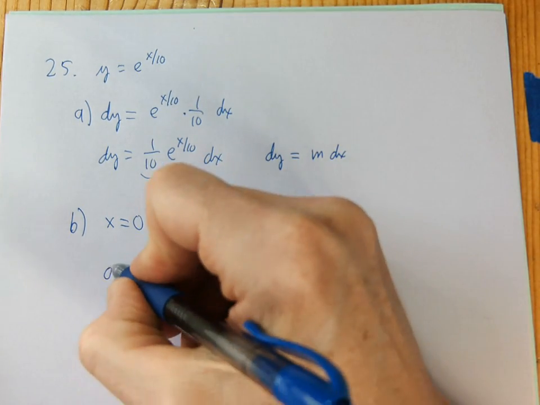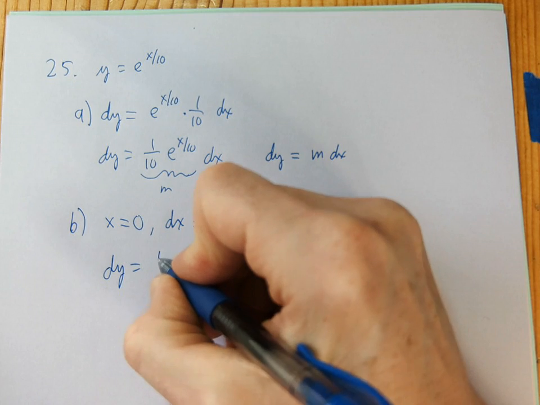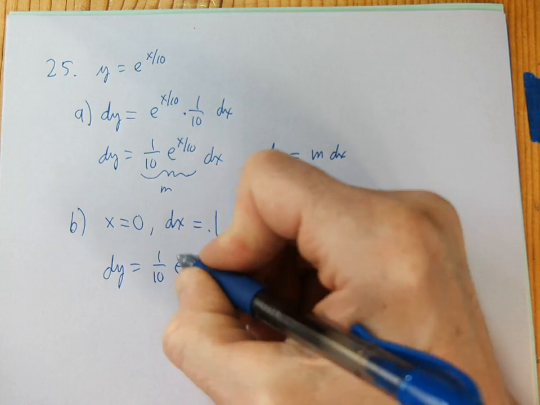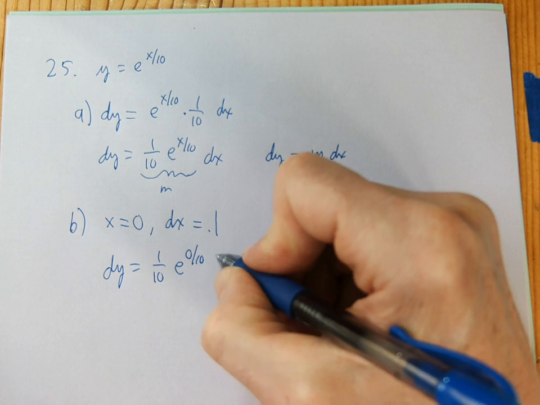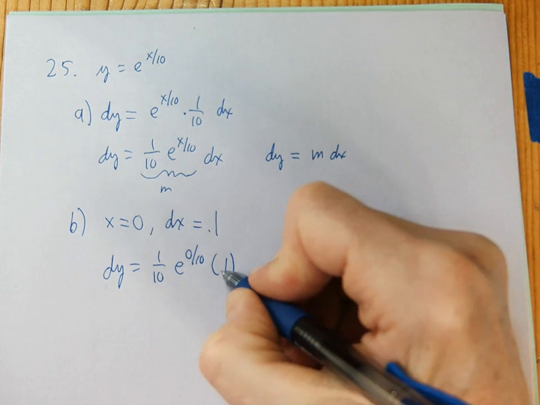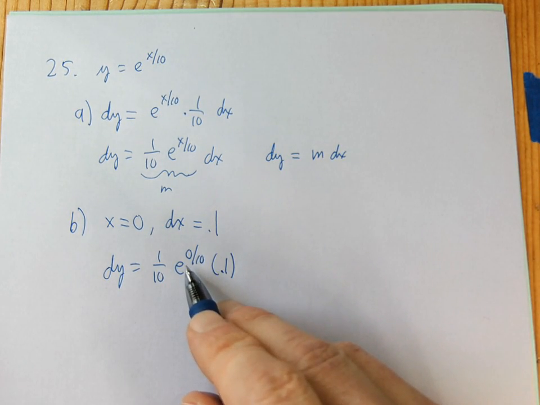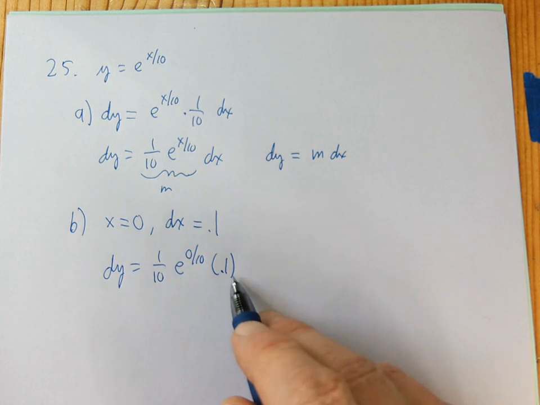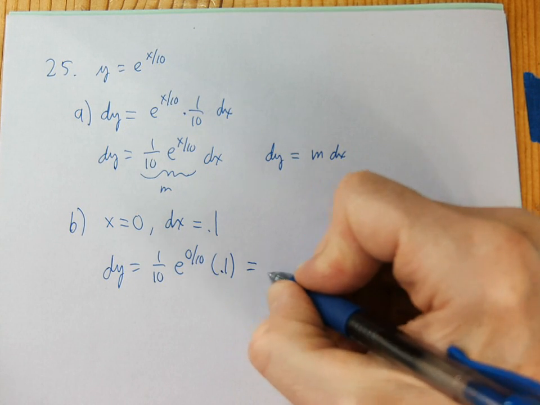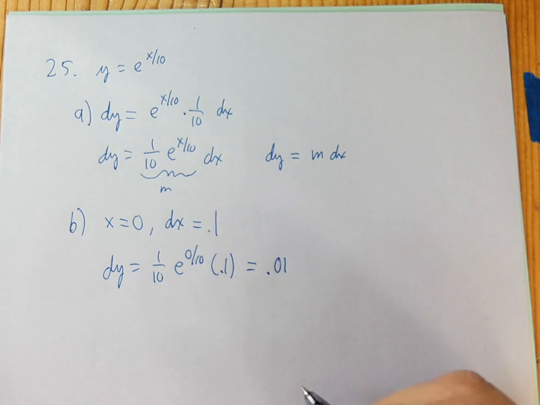Well, we have a formula. That's 1/10 e to the x over 10, x is 0, times dx, so times 0.1. e to the 0 is 1. So that's just 1, and 1/10 times 1/10, because that's what 0.1 is, is 1/100th, or 0.01. So that's what dy is.